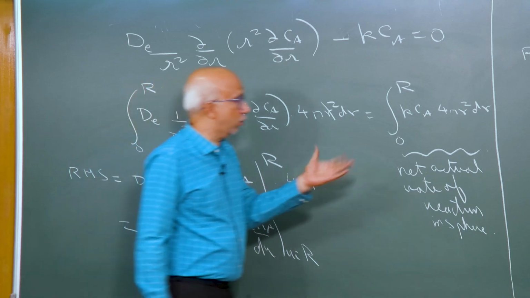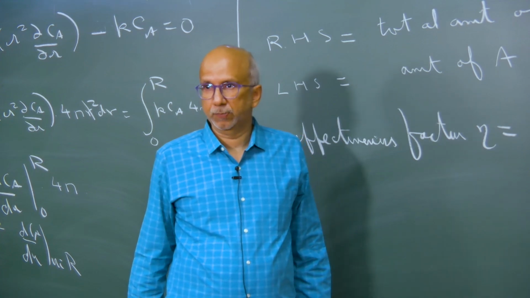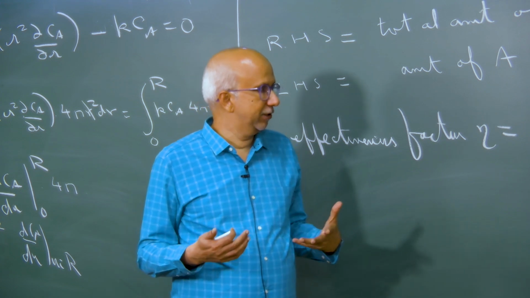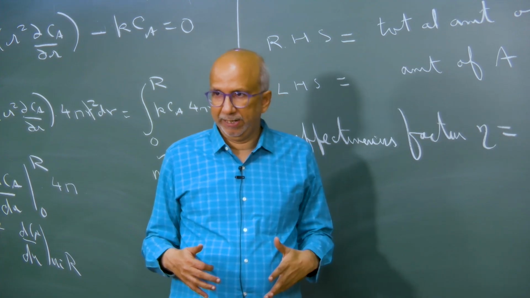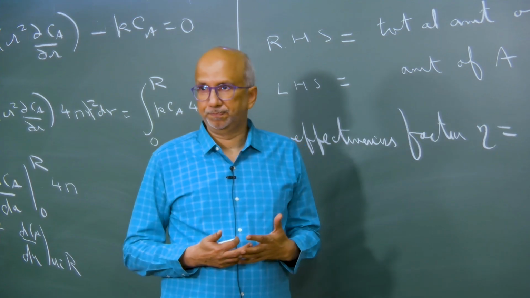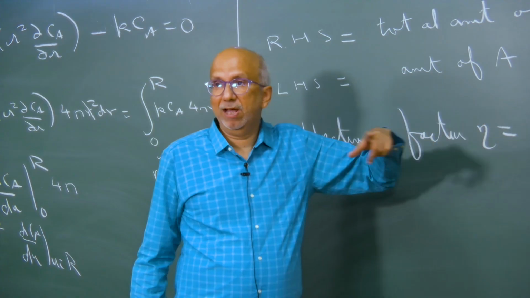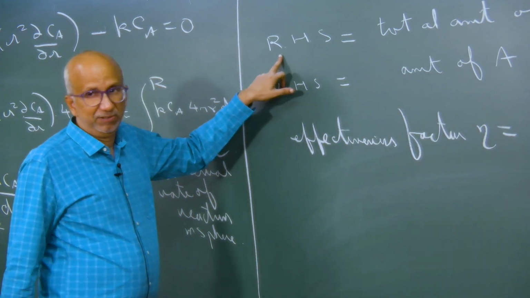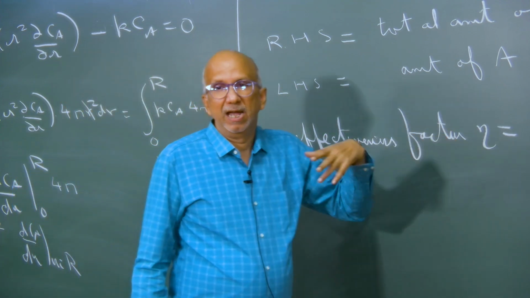So this is the alternative method for calculating the effectiveness factor, okay, and this basically tells you that whatever is coming into the pellet, the species A, must be equal to the amount of A actually reacting in the pellet. So this is what I mean by saying the numerator can be evaluated either using the RHS, which is the definition, but the RHS is equal to LHS, so we can use this computationally.